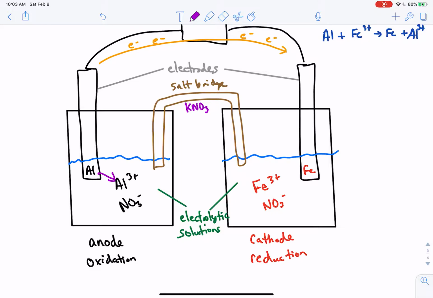If this solution's positive, which part of the salt bridge, KNO3, is going to go toward that solution to neutralize the positive charge? NO3 minus, exactly. So the NO3 minus travels down the salt bridge to attract the Al3+ out of the solution so it doesn't become positively charged.